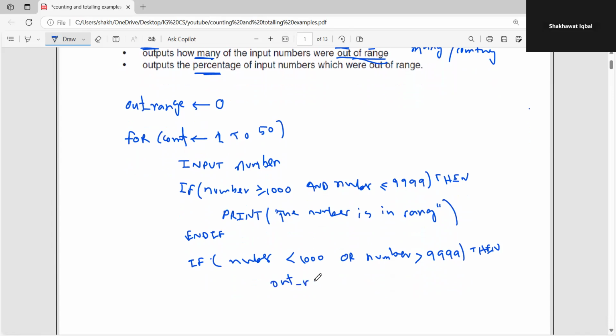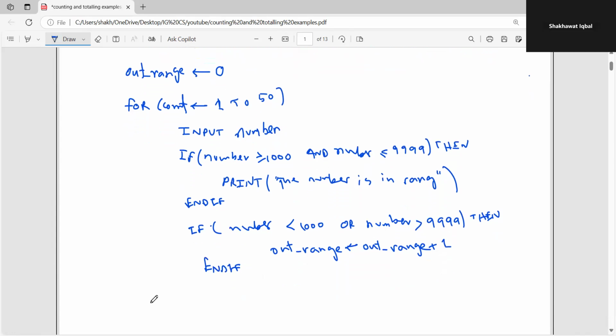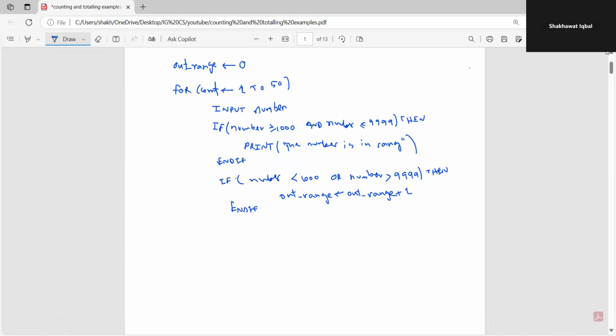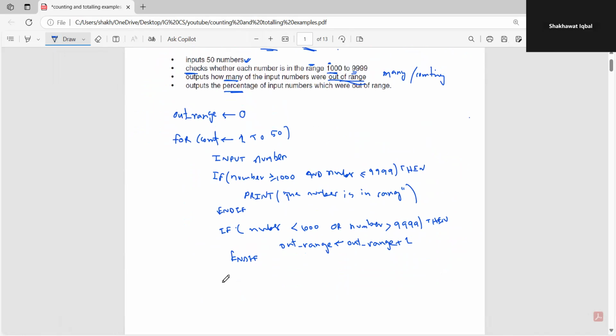That means out of range will increase by 1. Out of range plus 1. You can decrease the size so that you can see the answer. See the question here. So next count.